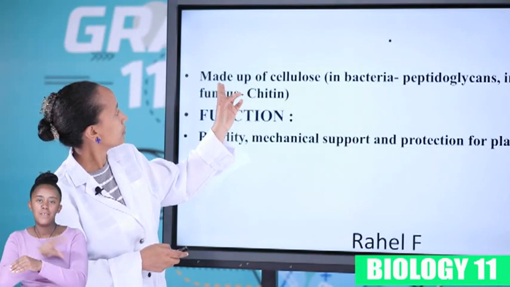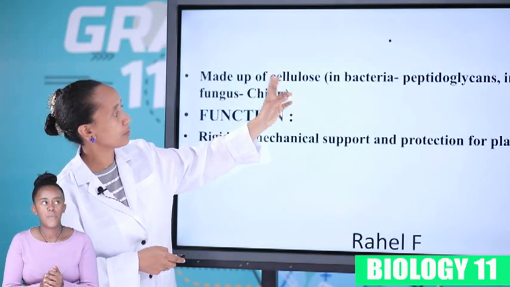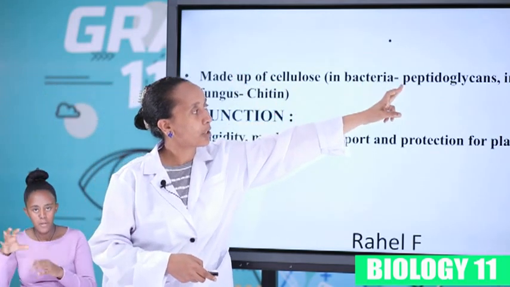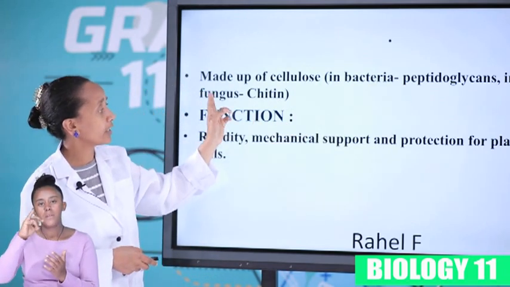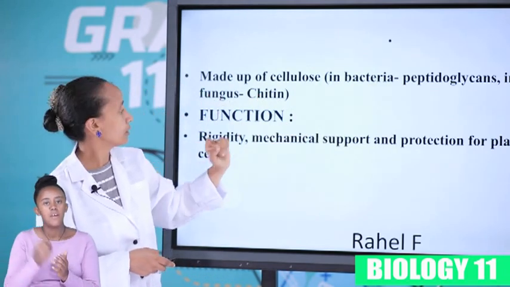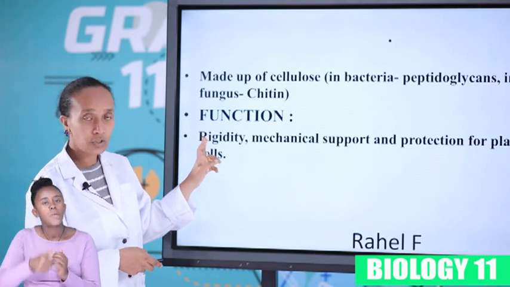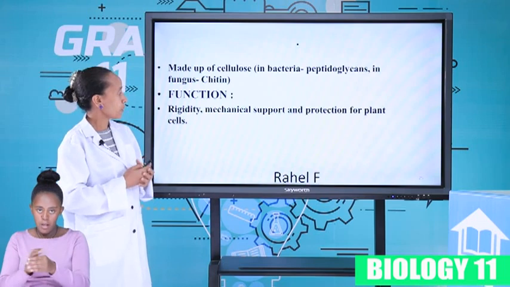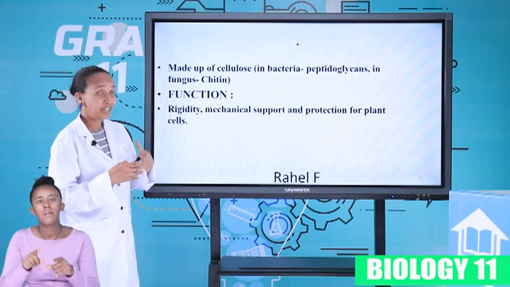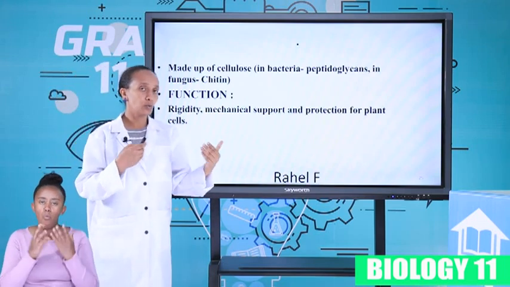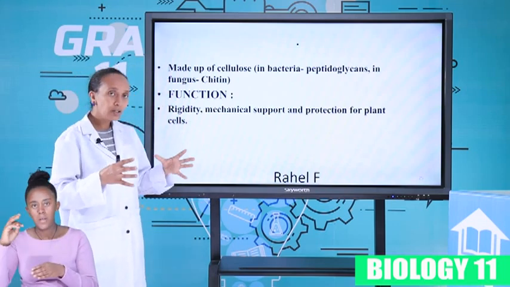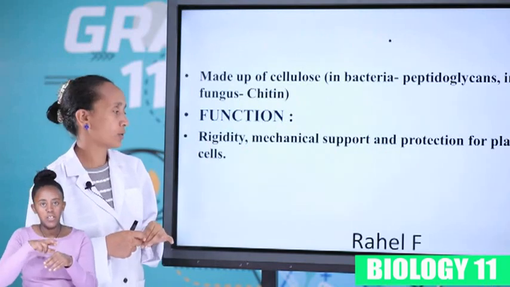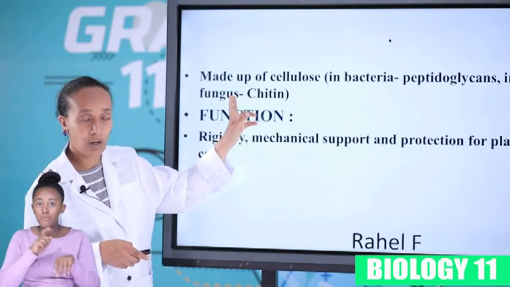Here it says the plant cell wall is made up of cellulose. In bacteria, it is made up of peptidoglycan. In fungus, it is made up of chitin. And its main function is rigidity. It gives rigidity for plant cells, for example, because when plant cells get turgid, when they get more water into the cytoplasm, they swell, and the swelling in plant cell gives rigidity for the plant due to cell wall.